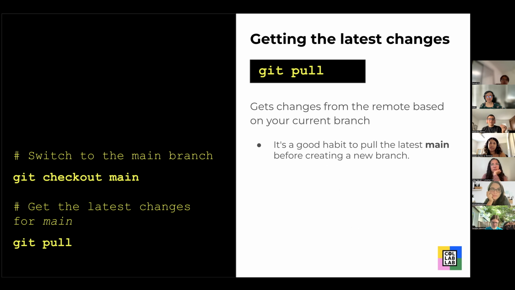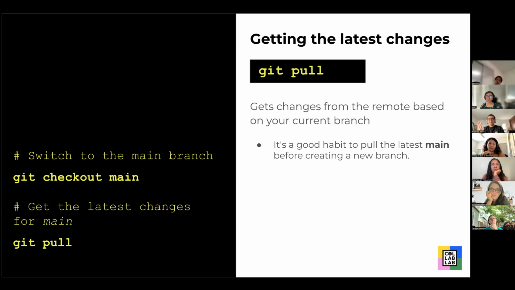For instance, if I'm in cool feature and I want to update my branch with the latest main, I would do git pull origin main, and it would grab everything that is on GitHub on the main branch, and it will merge it into my branch, right? So that's how you do it.